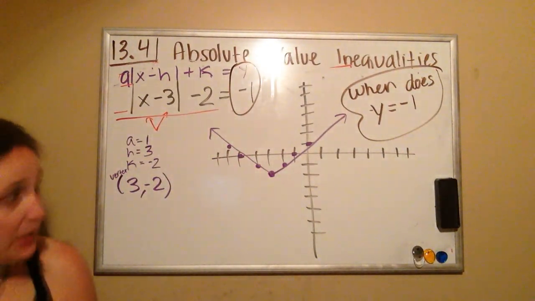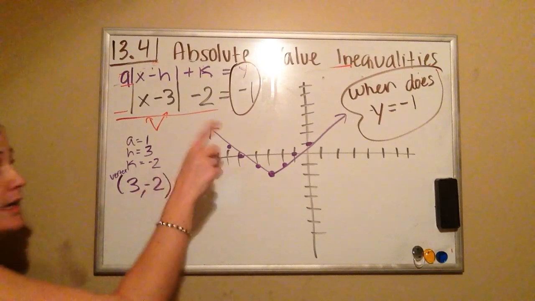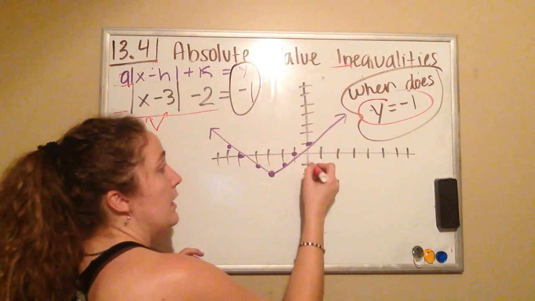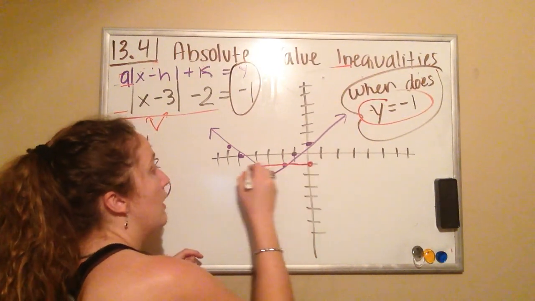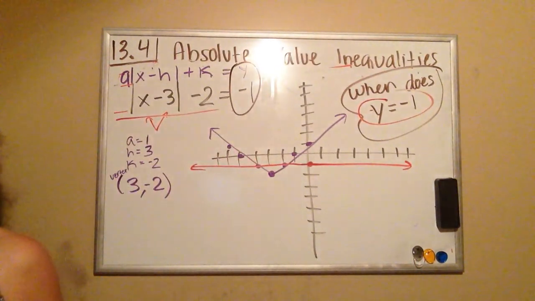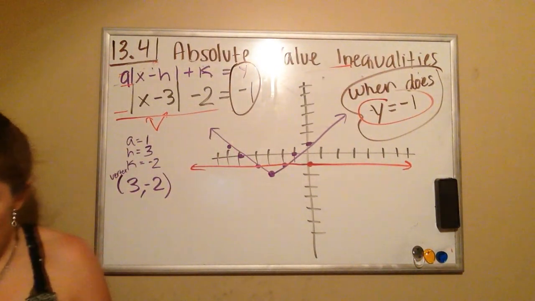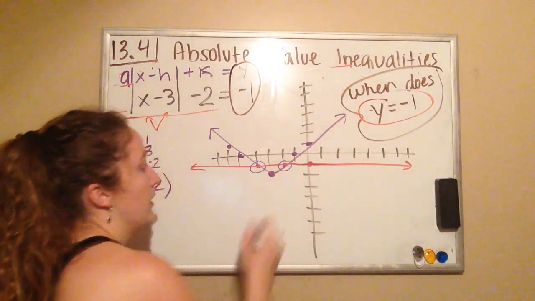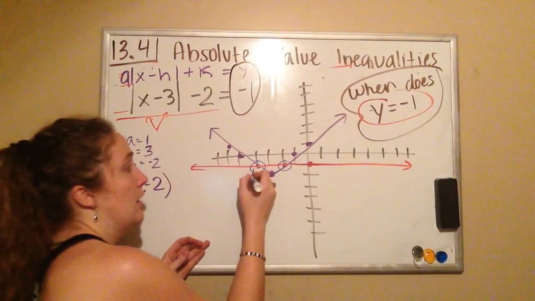Okay? So let's look at that line, y equals -1. If we look at that line, y, -1, cross. Where are the solutions here? Where do they cross? Well, they cross here and here. So let's look at those points.